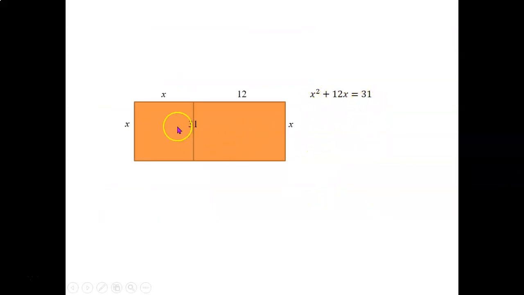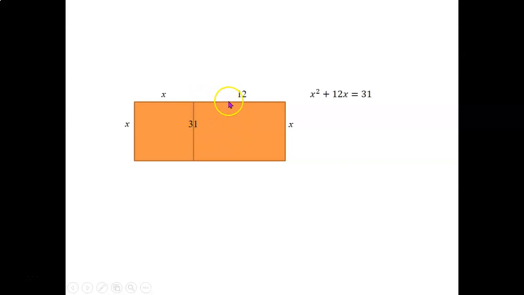You can picture that as x squared would be like a square that's x by x. And 12x would be a rectangle that's 12 by x. And adding those together is you're adding together the area of the square plus the area of the rectangle, and that's equal to 31 square units.